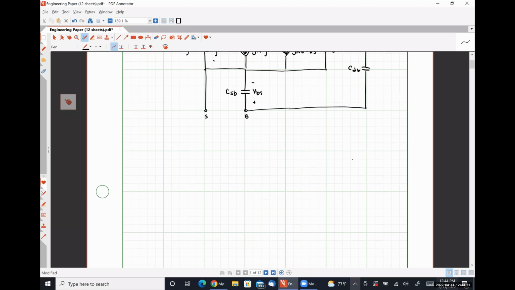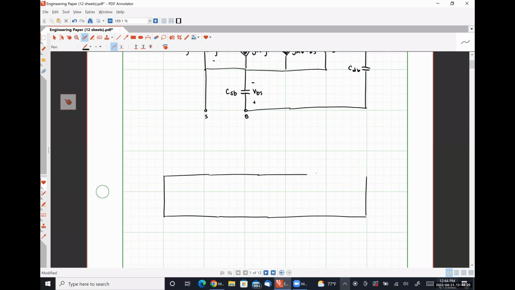So let's say that this rectangular box here represents the bulk of our transistor.